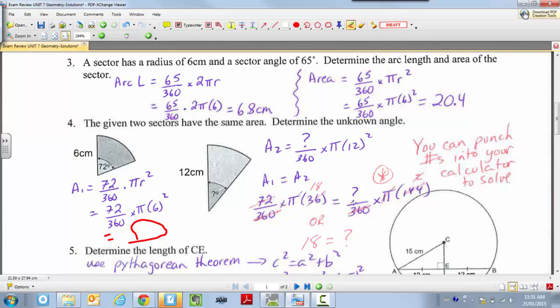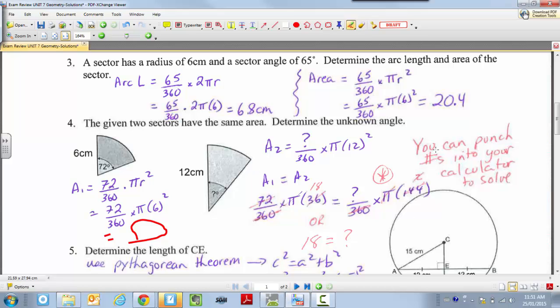Okay, so if the confusion was in the way I simplified it and so on, that shouldn't be an issue for you. Solve this one, put the number in here, and then solve for this. Multiply by 360, of course, divide by 12 squared, divide by pi, and you'll get your answer.